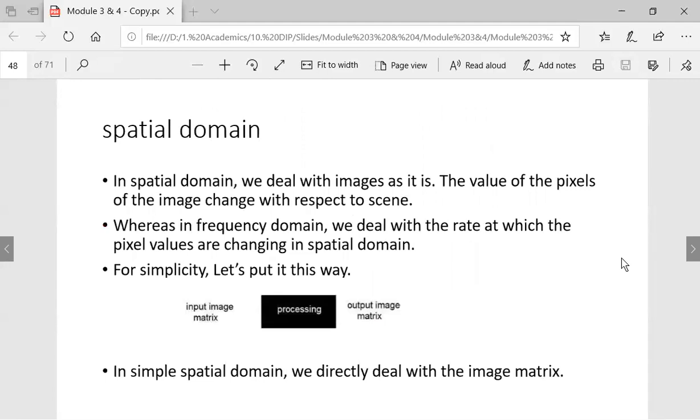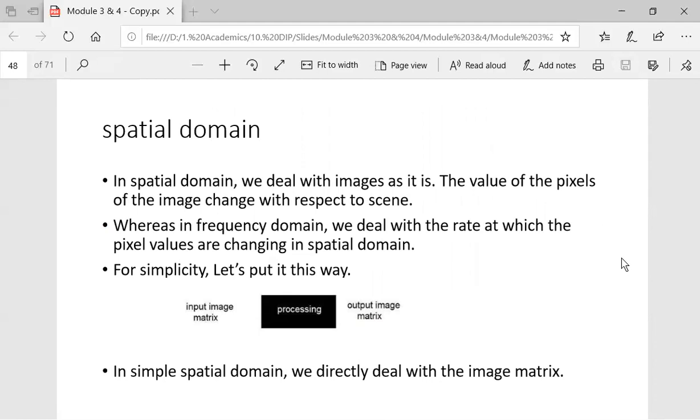Let us have a glance at the spatial domain, which we learned in the previous session. In the spatial domain, we deal with the images as they are. There is no need to extract values, we work with the pixel values which change with respect to the scene. Whereas in the frequency domain, we deal with the rate at which the pixel values are changing in the spatial domain.